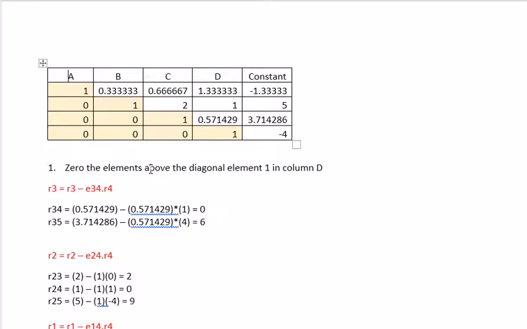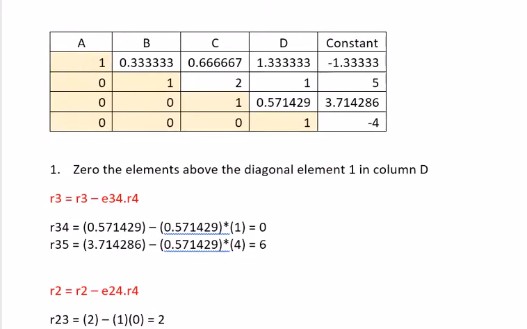So here I have already prepared the matrix from our previous example, and note that in this example I have colored the lower diagonal matrix in order to isolate it.